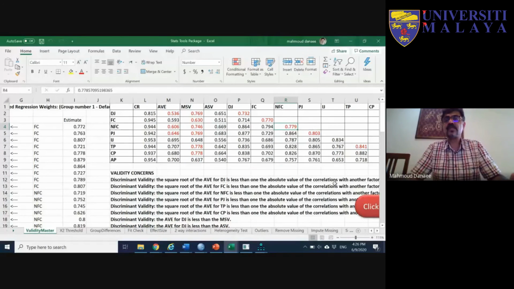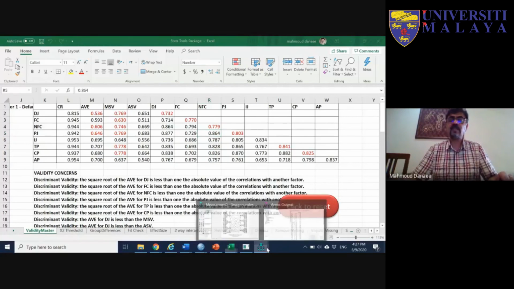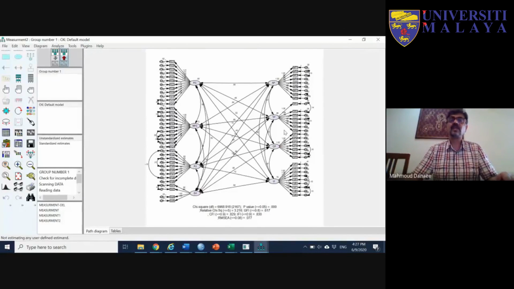So some of these constructs are not discriminant, and you must make adjustments and clean your data, or sometimes you need to merge. For example, maybe I decide to combine PJ and NFC because they are highly correlated, so they are not discriminant because they are measuring the same thing. If I use a path model using these different constructs, there will be bias.